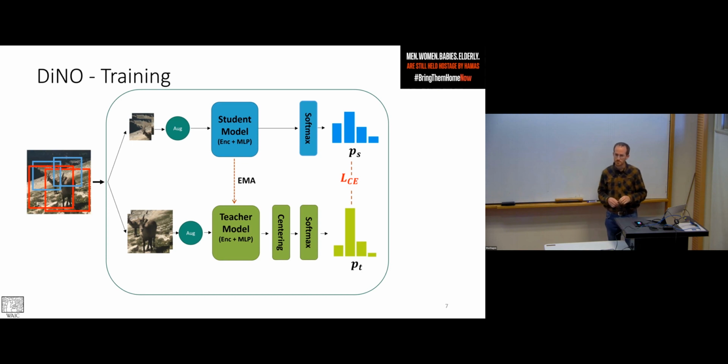Yes? What is the centering doing in the teacher model? Okay, we'll touch upon that in a second. But we don't have labels here that are predefined. So the labels that both teacher and student are predicting have some arbitrary dimension. We can decide on 5,000 labels, 1,000 labels, or whatever, but they need to agree on these labels.